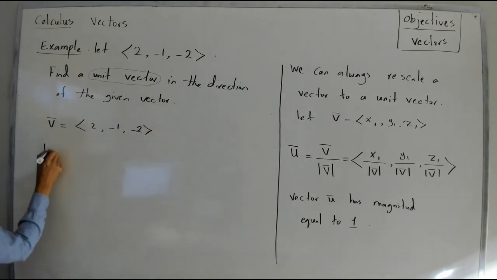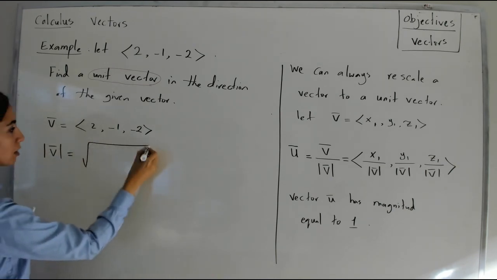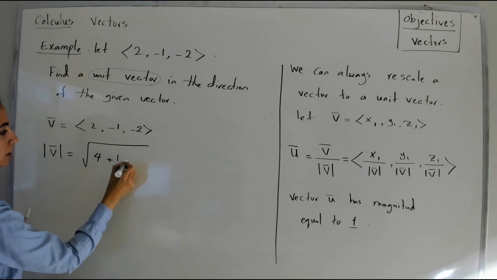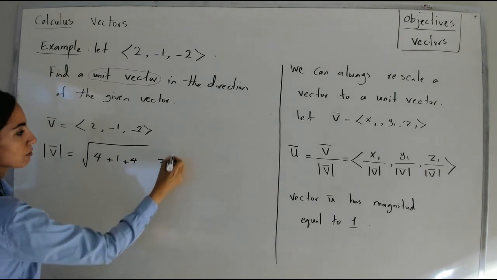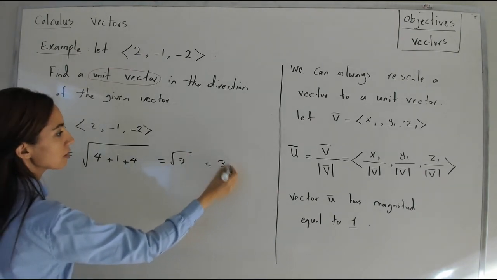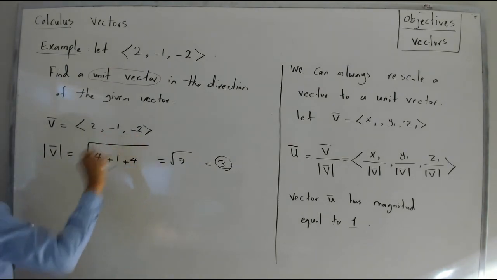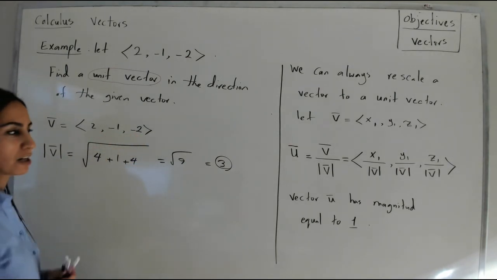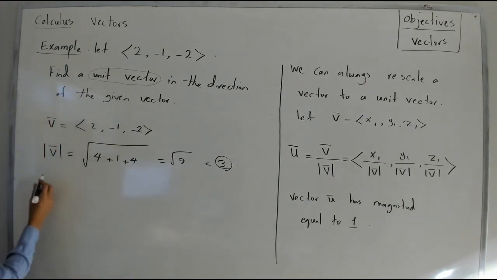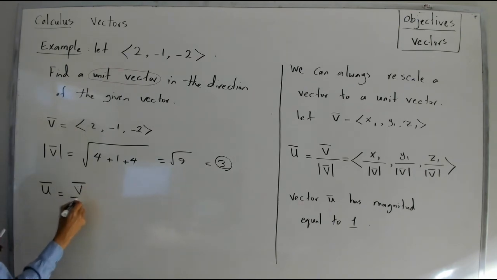What do we need? We need to find the magnitude of this vector, which is the square root of 4 plus 1 plus 4, or square root of 9, which is 3. Now, we divide each of the components of this old vector by its own magnitude, and we call it vector u, because it's a new vector. Vector v divided by the magnitude of vector v.